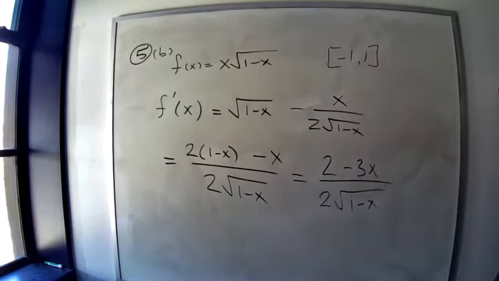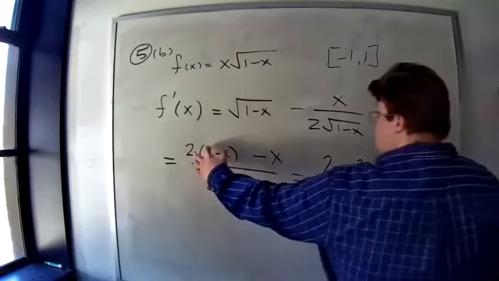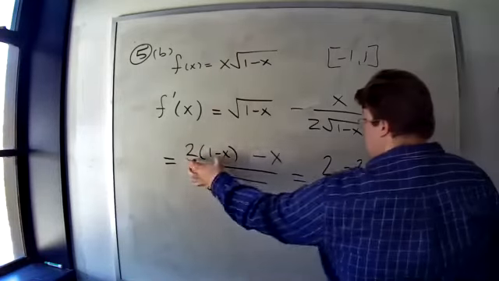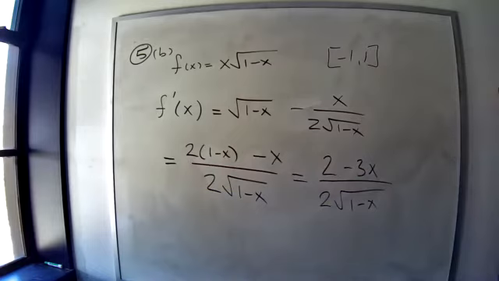And I'll distribute that 2 through. Distribute the 2, you get 2 minus 2x. 2 minus 2x minus another x gives us 2 minus 3x. Any questions about, well, all we did so far was simplify the derivative. We haven't set it equal to 0 yet, but any questions about simplifying?